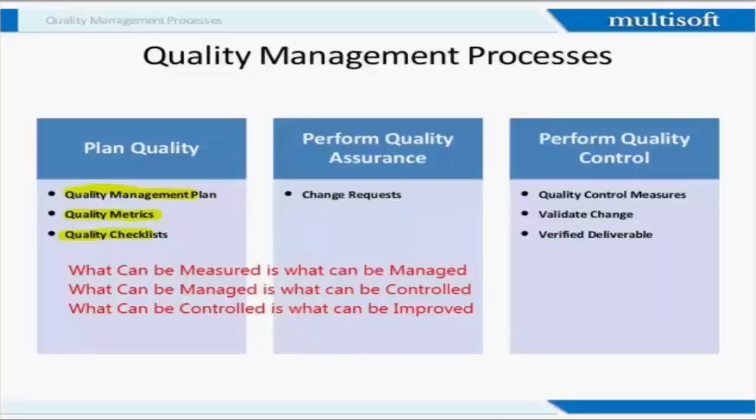If I have to improve on certain things, the quality metrics are used to measure my improvement, and then I have some checklist. Every time I fix a defect... Normally in Siemens, every time we started a project, we had to go through the repository of defects.